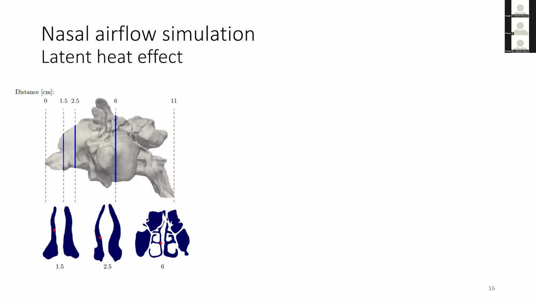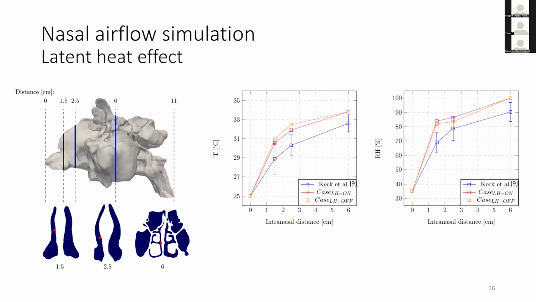As we know, the phase transformation in the nasal cavity cools down the mucus layer if the latent heat effect is considered, and this is what we also saw from our computation: with latent heat on, the average temperature at these spots is a bit lower, so the cooling effect is captured. On the other hand, more fluid is transformed into the gas phase, and there is higher humidity.